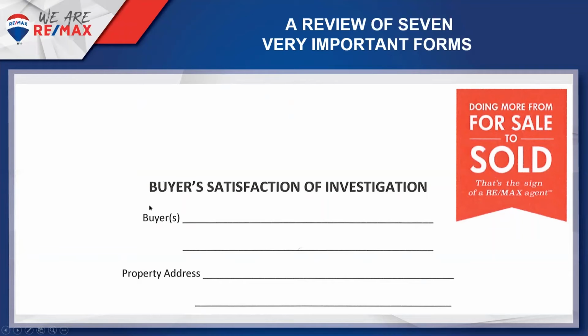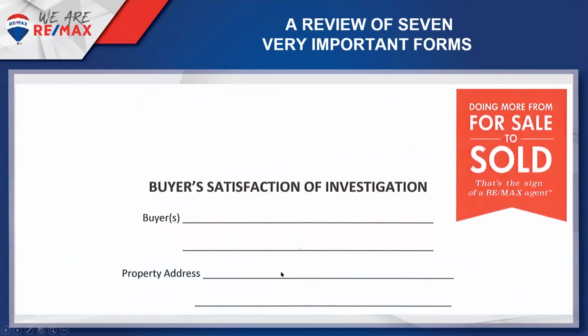With the help of our attorney at the time, I created this form to address issues in the BMI. So the buyer lists something in the BMI. We want to make sure we document that the buyer is satisfied that those issues were adequately investigated and the buyer wants to proceed. So this form is critical.